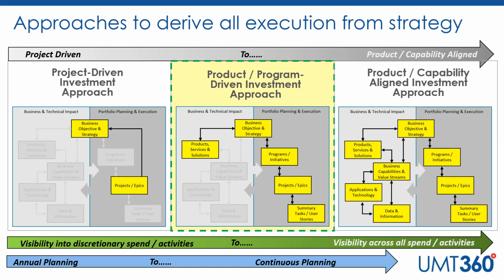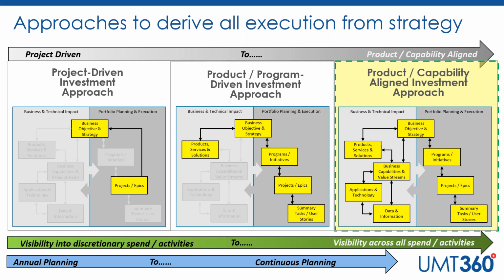But still, we're only focused in this middle tier here at controlling the discretionary spend, the project work, right? We are also at this stage moving from an annual planning normally to a continuous planning model. But as we move to product aligned or capability aligned, we really want that connected enterprise view. We want to go beyond the execution and bring in fundamentally the portfolios that we're looking to transform.